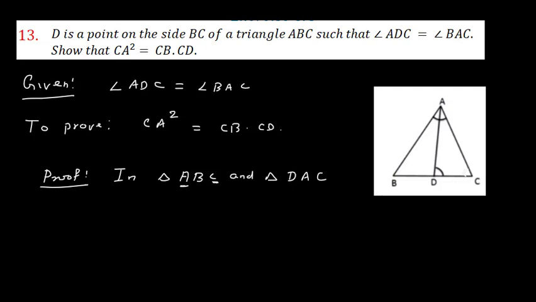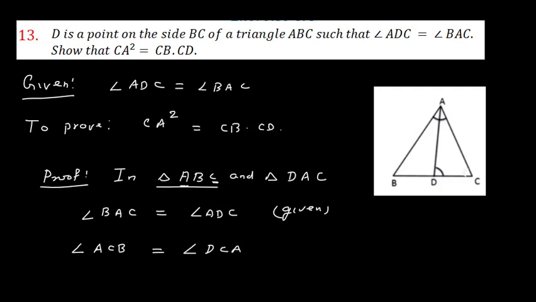Now see, in these two triangles, angle BAC is equal to angle ADC. This I will say is given, right? And see this angle ACB is equal to angle DCA.